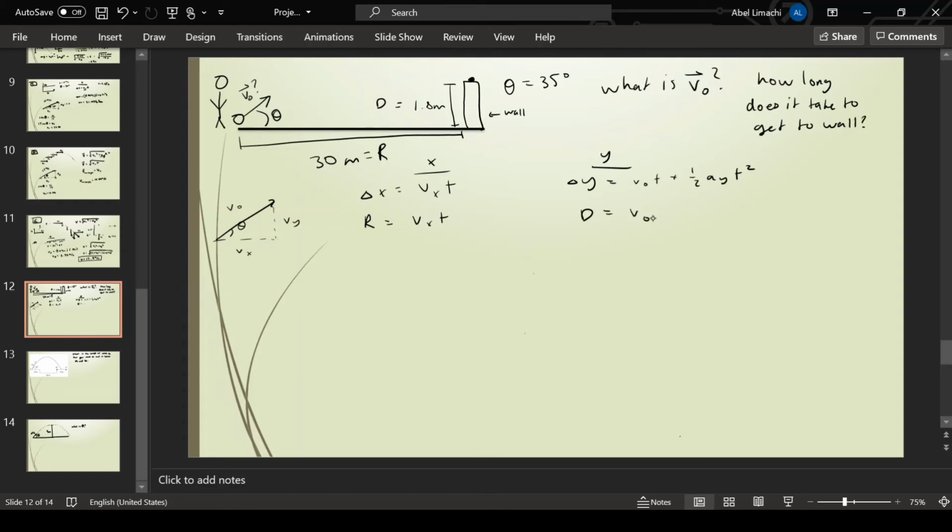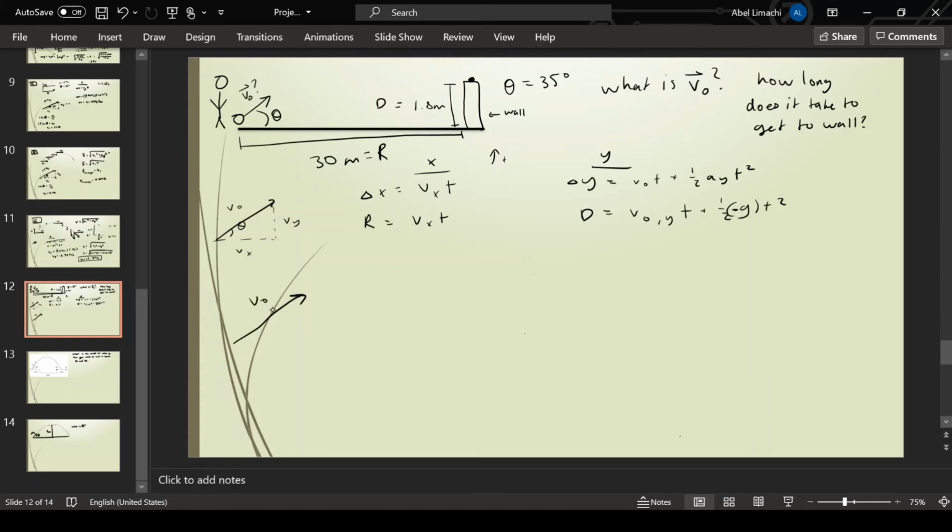This is v initial in the y direction, t plus 1/2, and we know that this a is going to be g, and we're calling upwards positive, so this is negative g t squared. One thing you're going to need to get used to is that you can change what this vx is and what this vy is.